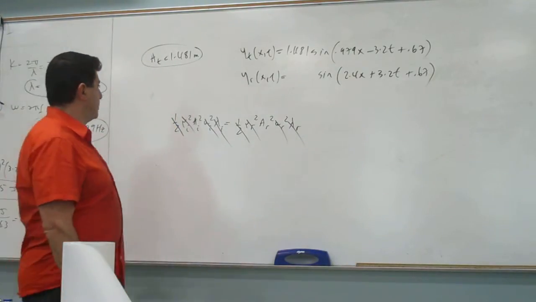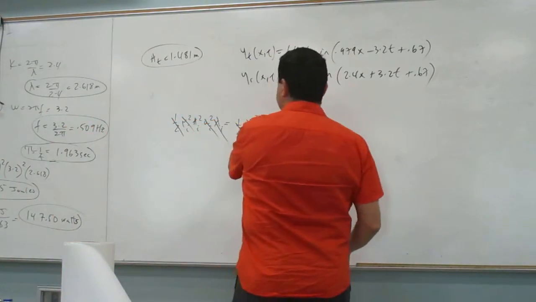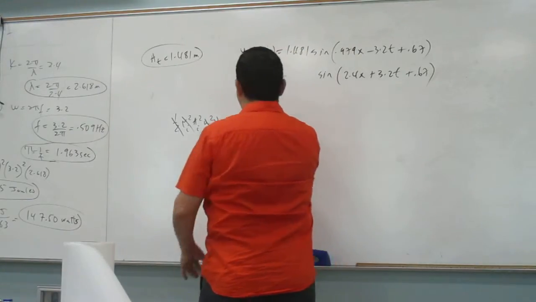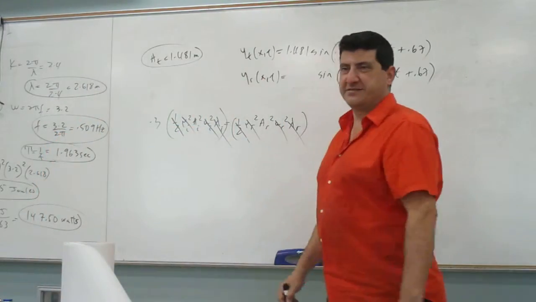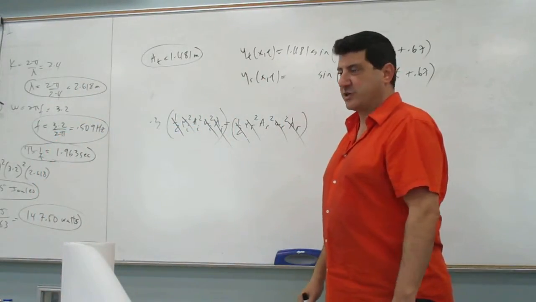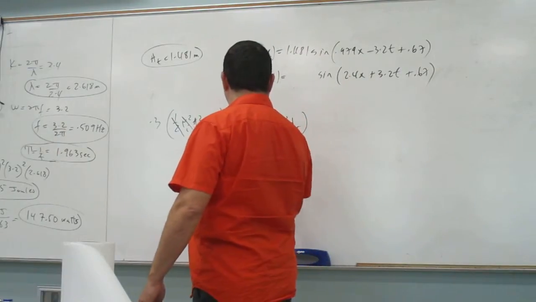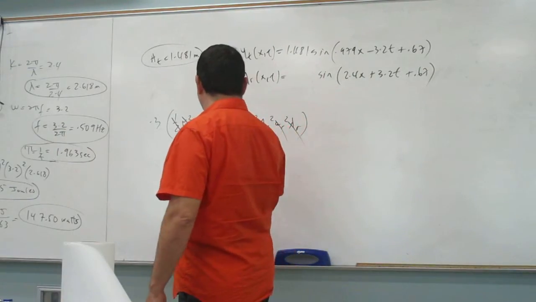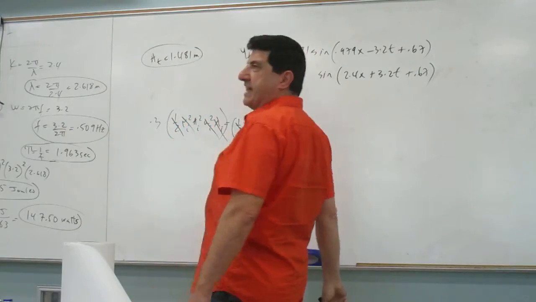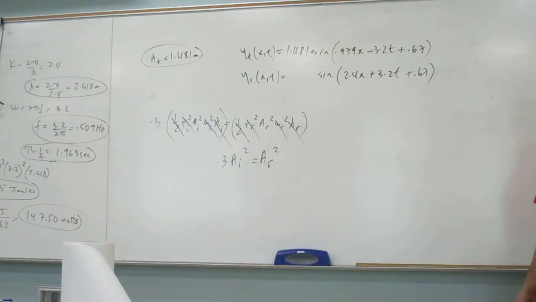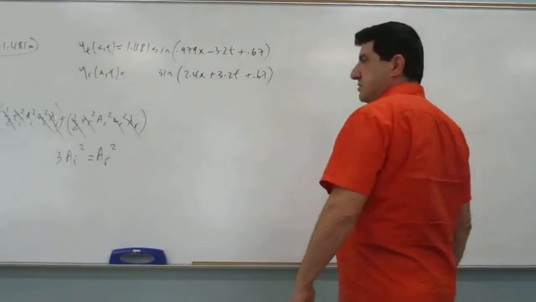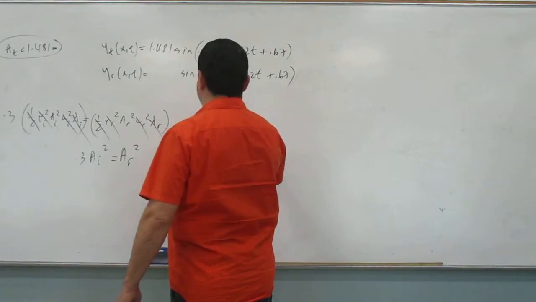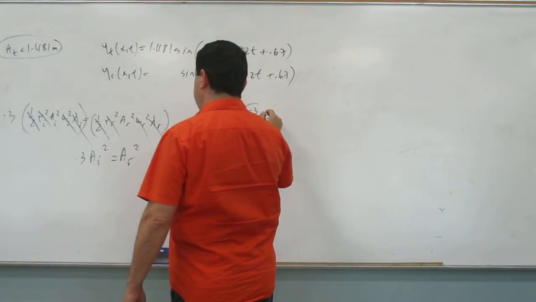So the only difference is that the reflected wave's energy is 30% of the incident's energy. So basically the amplitude of the reflected wave squared is going to be 0.30 times the incident wave's amplitude squared. 30% of the energy reflects. Right? So then AR is the square root of 0.3 times 1.6.